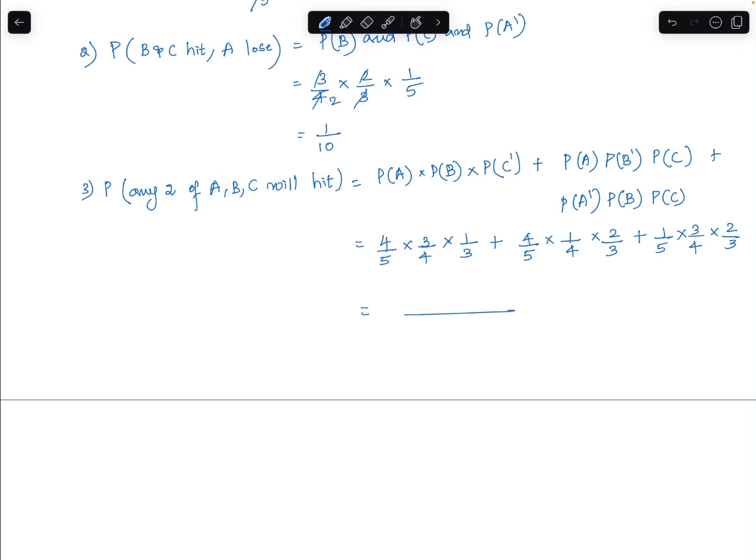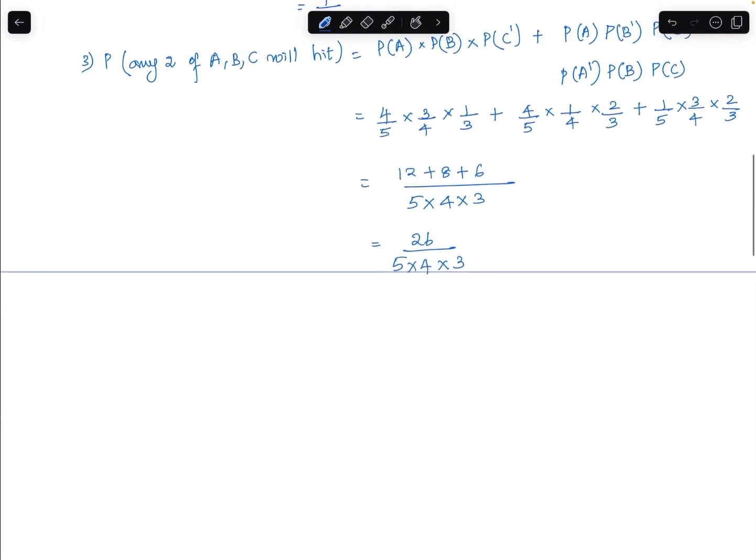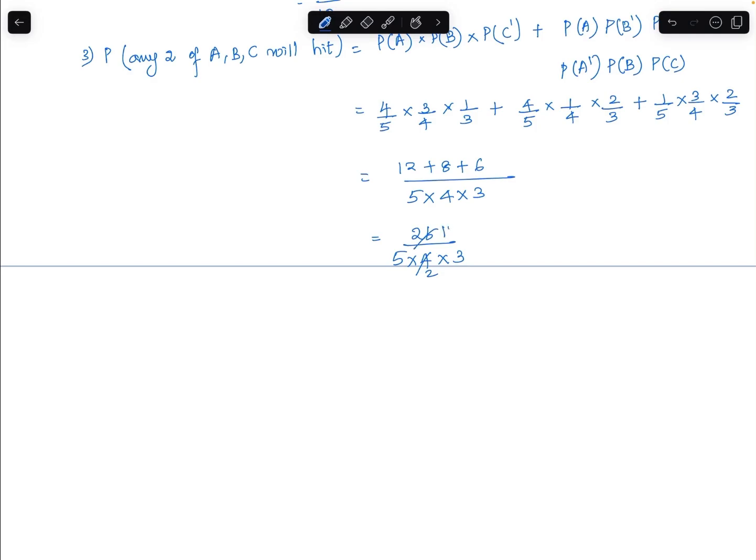Denominators are same, so let me retain it like 5 into 4 into 3, 12 plus 8 plus 6, which is 26 by 5 into 4 into 3, that is 13 by 30.